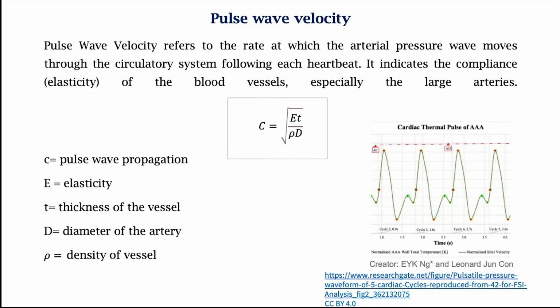Then we move on to another topic, pulse wave velocity. This is the rate at which the arterial pressure wave moves through the circulatory system. It's critical to understand the physiological and physical meaning of this. Once again, please do revise your understanding of cardiovascular physiology.